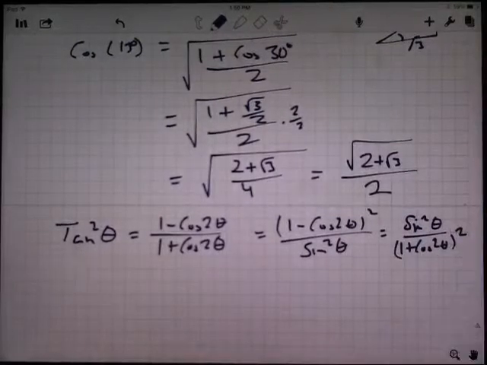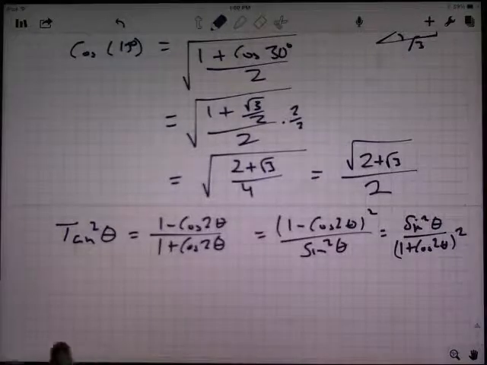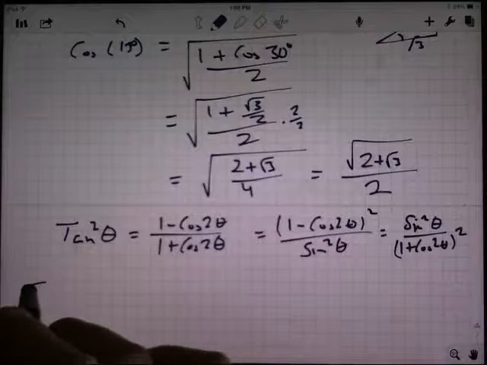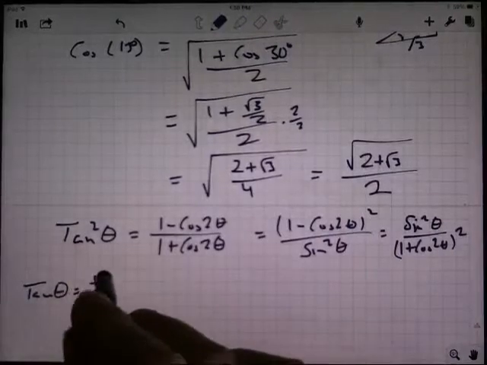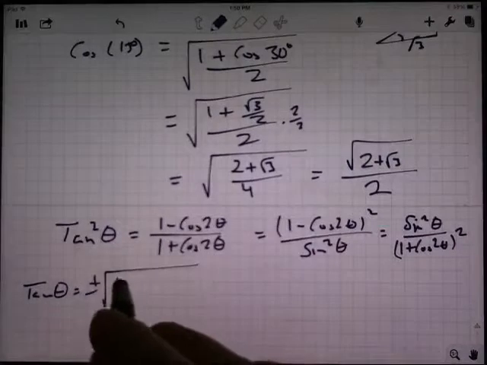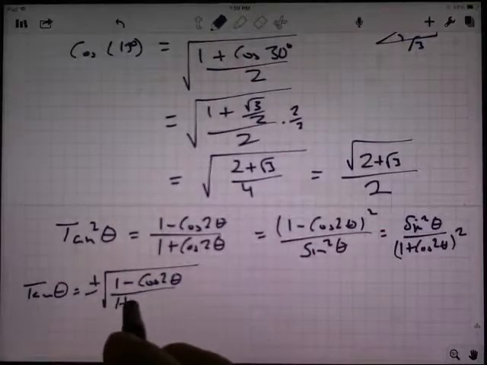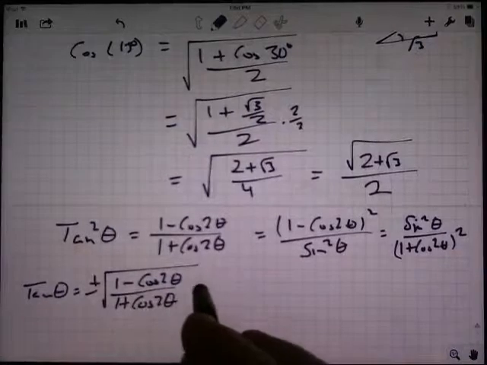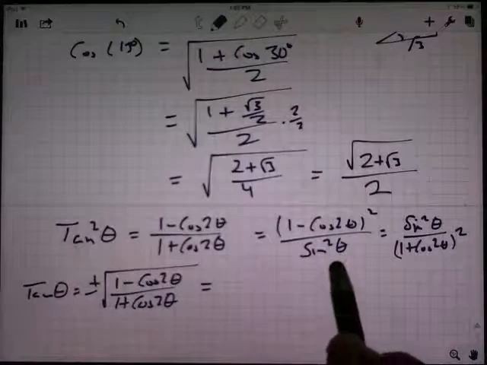Right? So that when you go to take the square root and turn it into a half angle formula, you've got the tangent of theta is plus or minus the square root of this one, or it's plus or minus the square root of that one. But actually, this one's kind of nice because both numerator and denominator are already perfect squares.